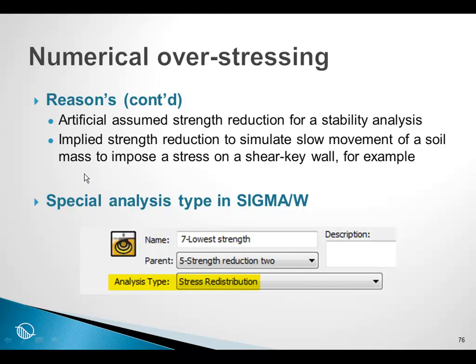The stress redistribution type of analysis can also perhaps be used to simulate the slow movement of a soil mass to impose a stress on a shear key wall, for example. So here we see in SIGMA/W our analysis type. We have a special analysis type called a stress redistribution analysis type.